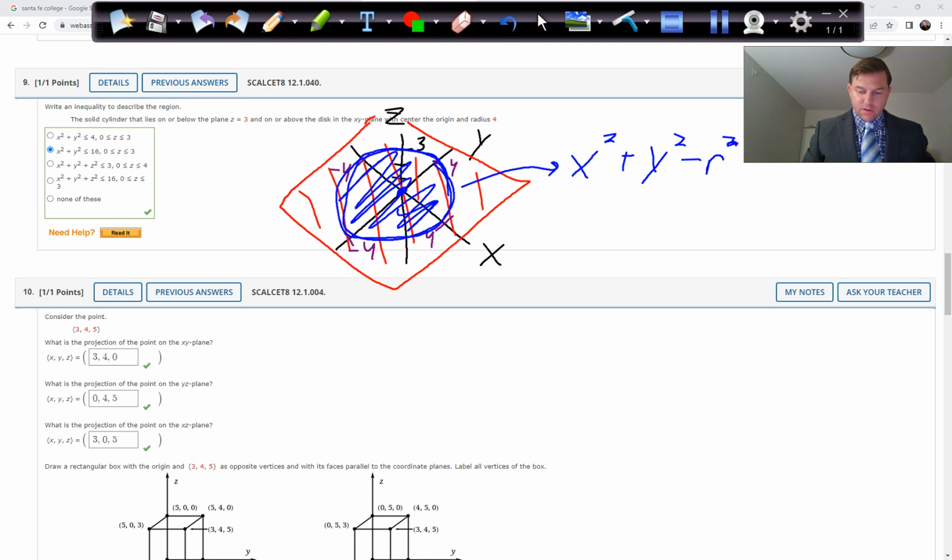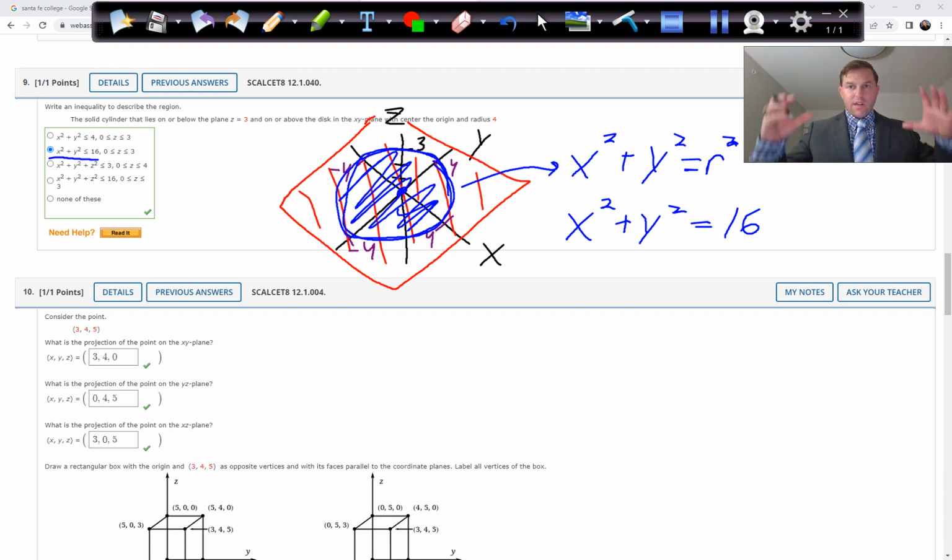That's any circle at the origin of the xy plane, and we know the radius is 4, so this would have to equal 16, squaring 4. That's this part, and now we use less than or equal to because we want to confine that cylinder to be within radius squared of 16, inside the cylinder or on the surface of it.